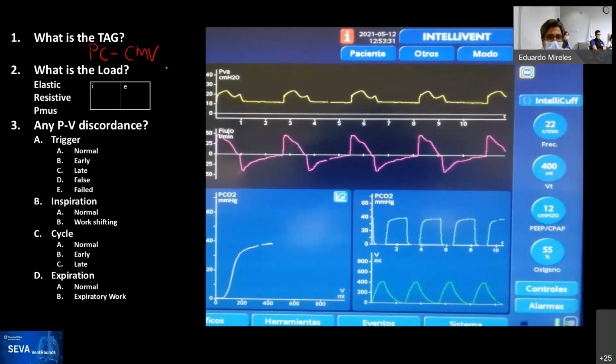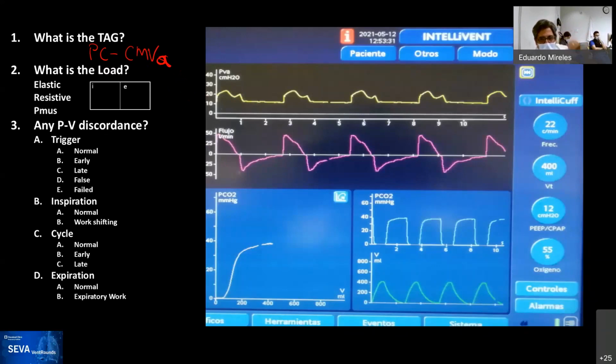Looks like it's set point. Well, let me take a look at the settings here. We have a tidal volume that is set, but I still believe that this is pressure control. So I'm just going to say A. And this might be an adaptive, but I don't see evidence of adaptive on the waveform.